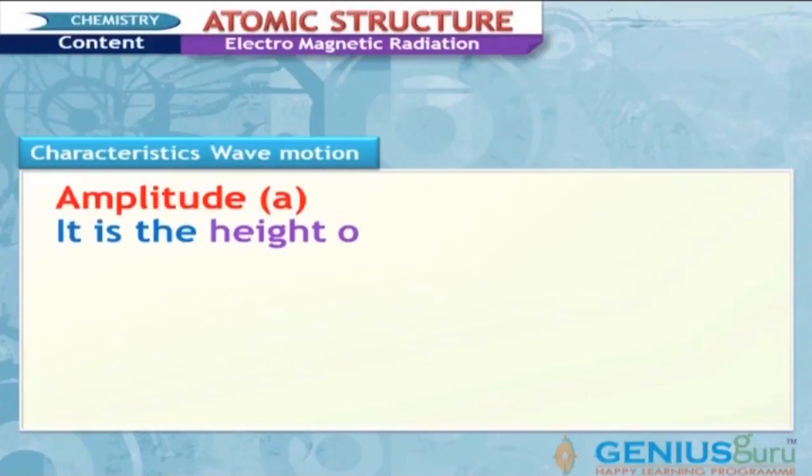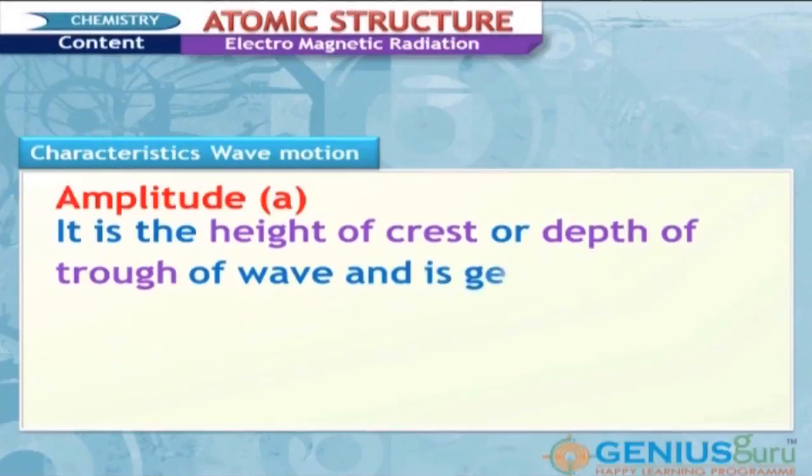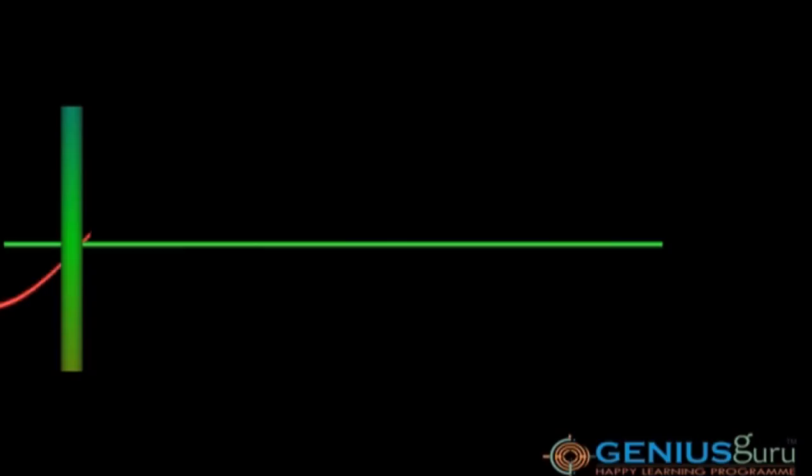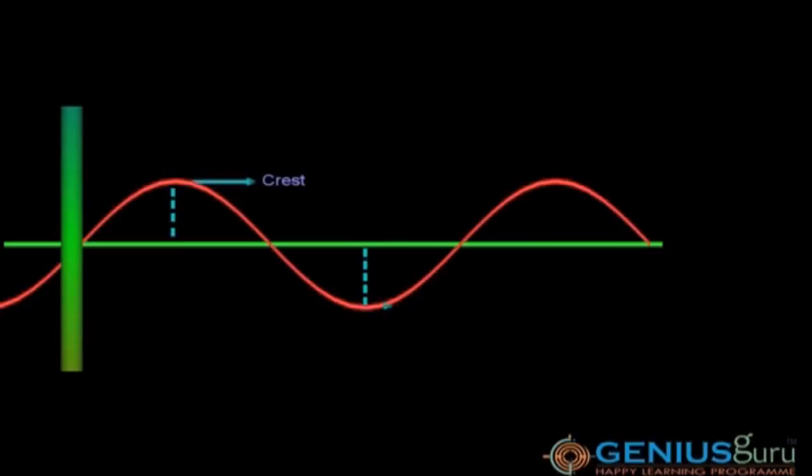Now we discuss another characteristic of the wave, that is amplitude. This is represented with the letter A. It is the height of the crest or depth of the trough of a wave. Look at this. This is a wave. Here the amplitude represents this distance between the propagation line and the height of the crest.